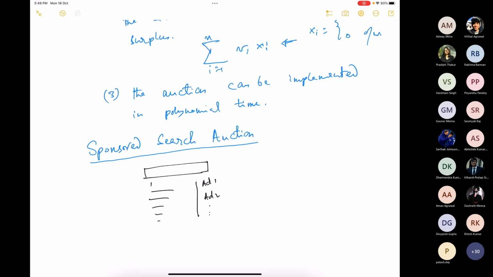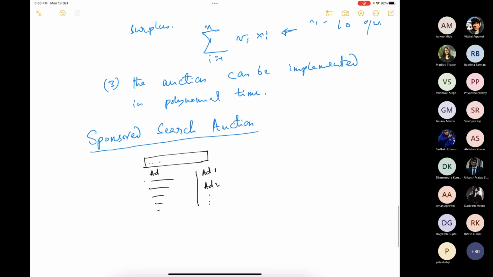Sometimes here also there are some ads. So what I'm saying is that for a keyword there are some predefined spaces in the window which are allotted for showing ads. They are not for the results. The actual search results are here.